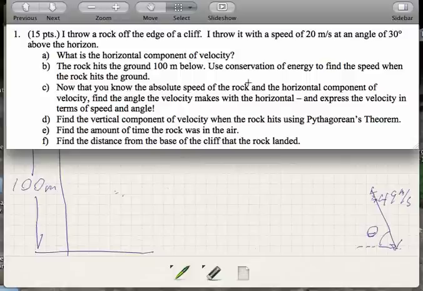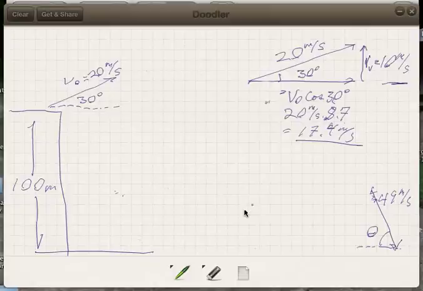Now that we know the absolute value of the speed and the horizontal component, find the angle it makes and express the velocity in terms of speed and angle. Okay, so let's see. What we know is that the horizontal velocity is 17.4 meters per second.